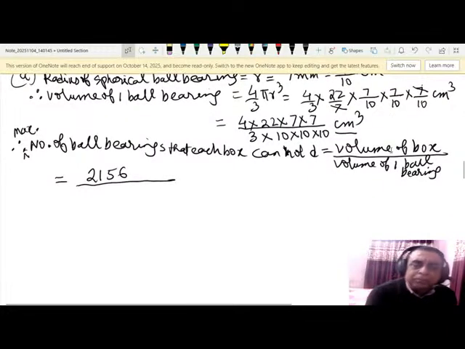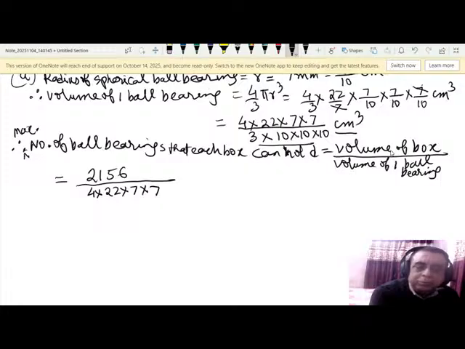You divide with the volume of one. When we divide, the numerators will remain in the numerator: 4, 22 and 7 times 7, and the denominator of this will move to the numerator. 3 times 10 times 10 times 10. So many ball bearings a box will hold.